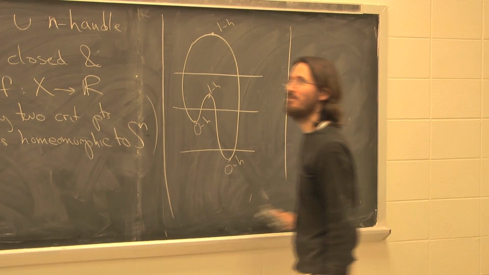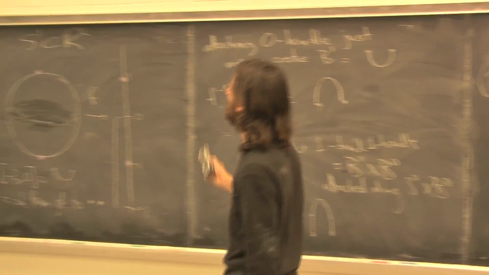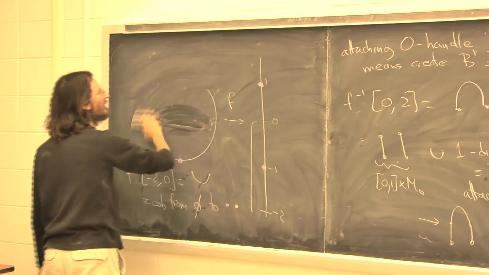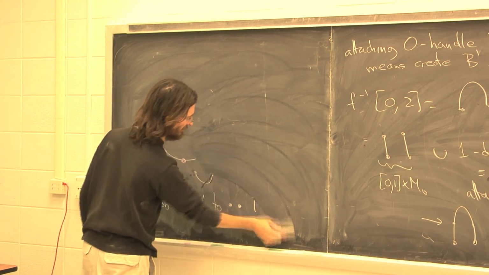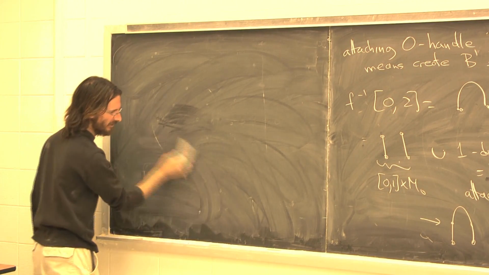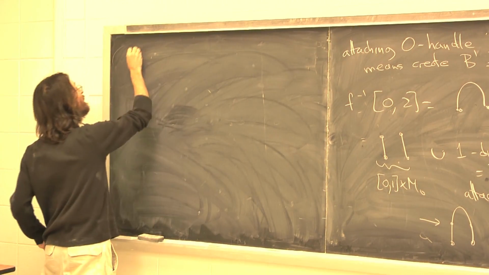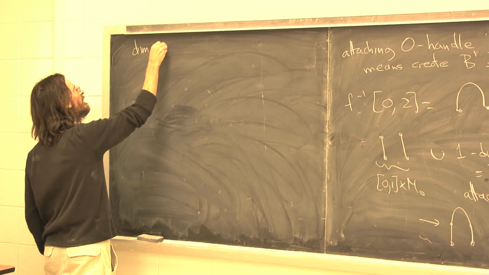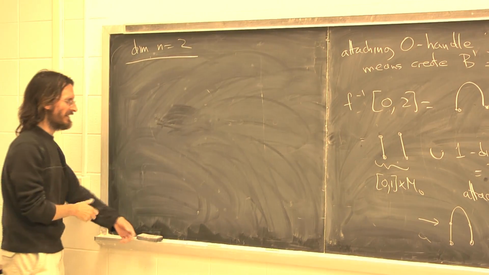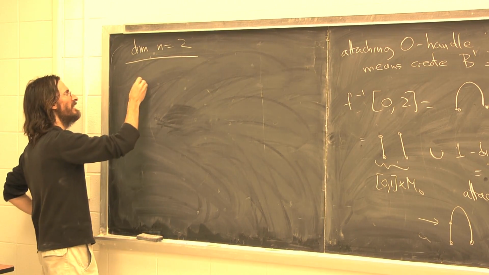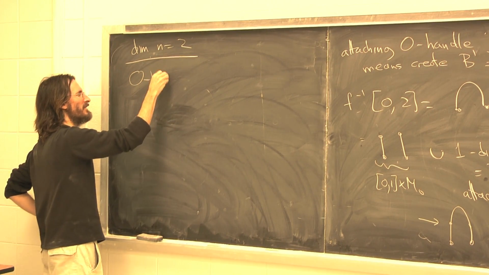So let's go to dimension 2. We have a 0 handle. Now we'll draw pictures of it.